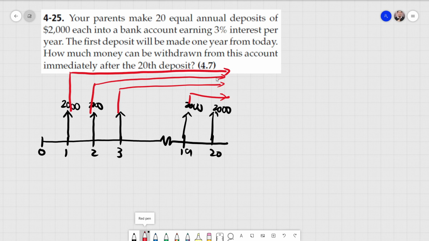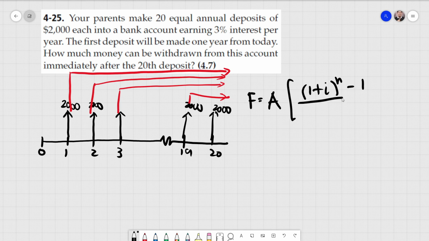So, basically, sa ating na-derive na formula, ang future worth ng cash flow na to is given by the annuity multiplied by quantity 1 plus I raised to n minus 1 all over I. And what is the value of A?